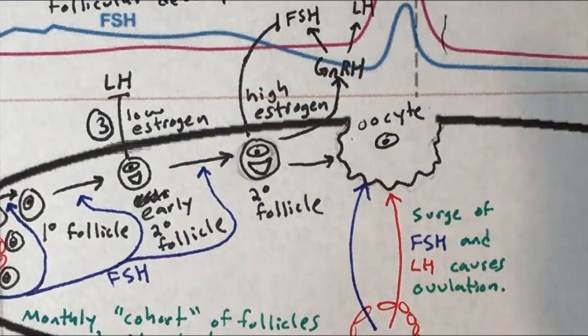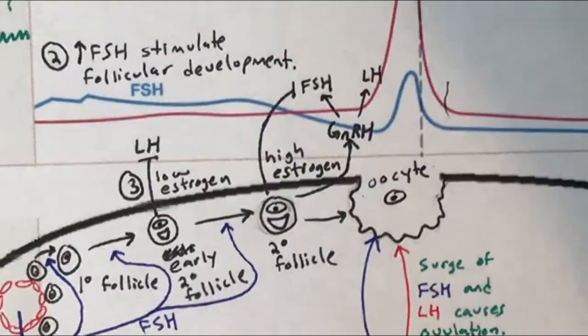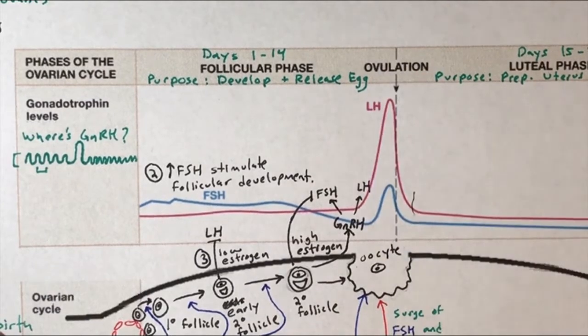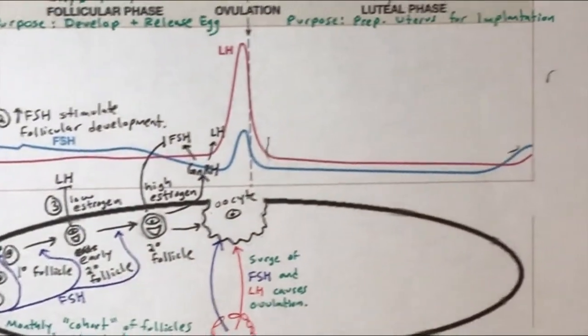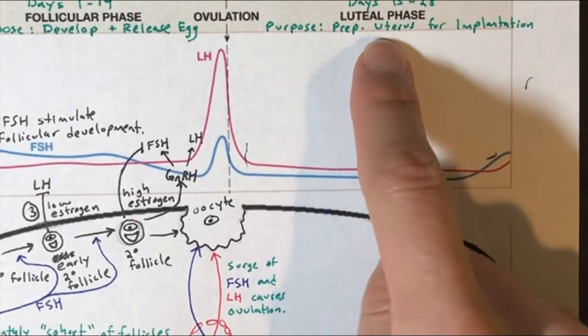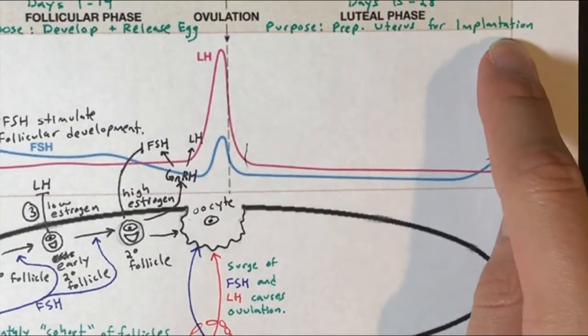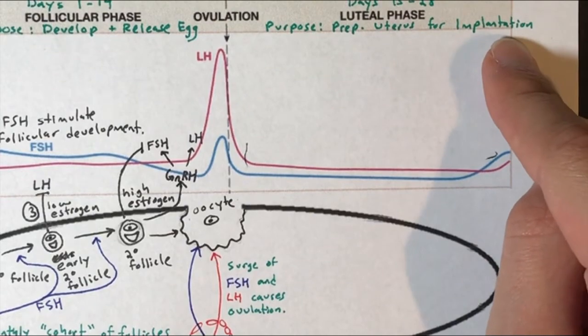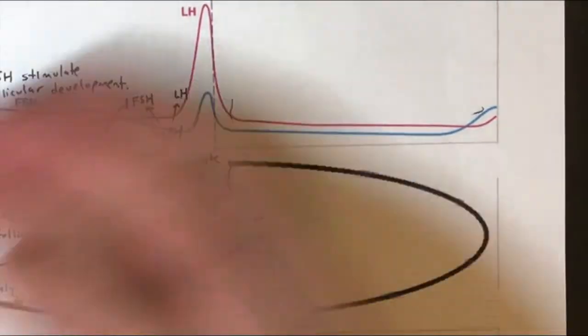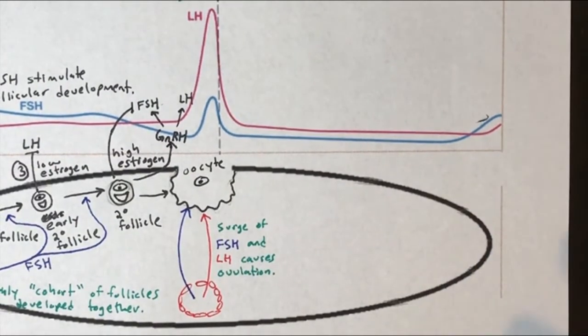All right, so this is so far the summary of the follicular phase and ovulation. Now let's go to the luteal phase. So remember, the purpose in this case is to prepare the uterus for any potential implantation of an embryo. So how does your ovary involve itself with helping your uterus?